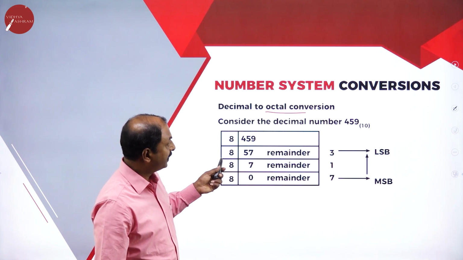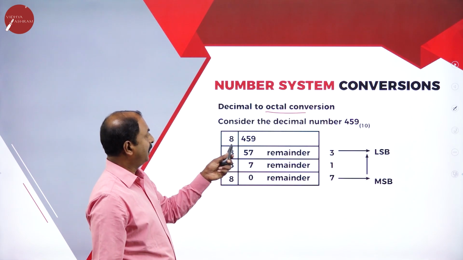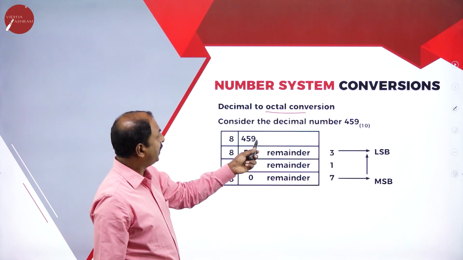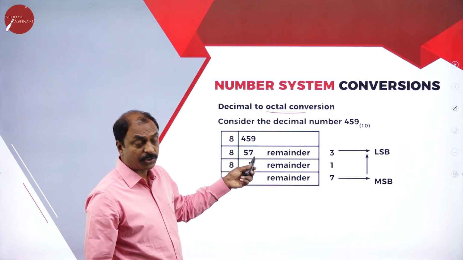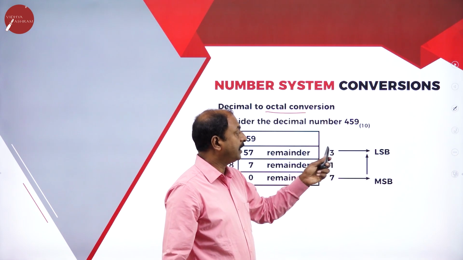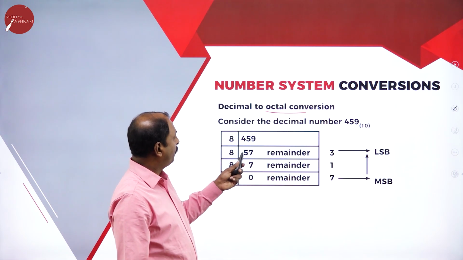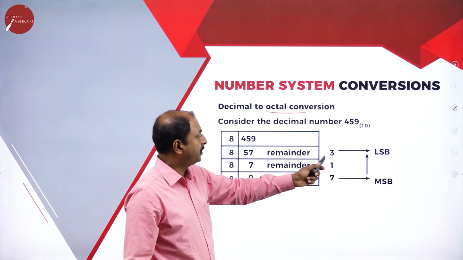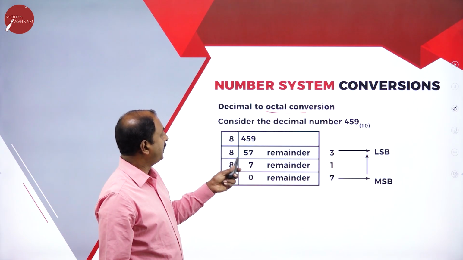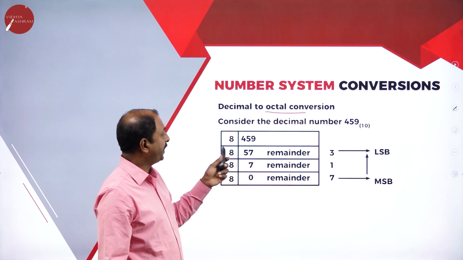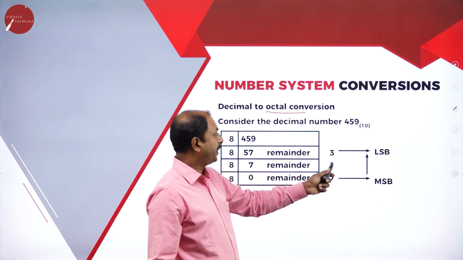And now let us see the example. 459 divided by 8, and here we got 57 as the quotient and 3 as the remainder. Again, 57 divided by 8: 8 7s are 56, remainder is 1.